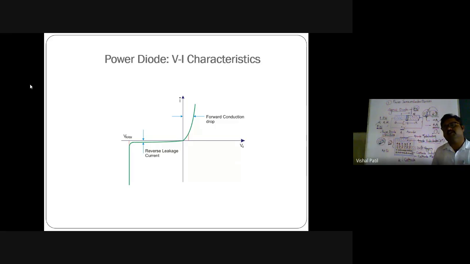Leakage current is due to the minority carriers, and it is very small compared to the normal current, hence it is referred to as leakage current. But above peak inverse voltage, the current increases very abruptly. That current will always be very high, and it will not be called leakage current, but only reverse current.